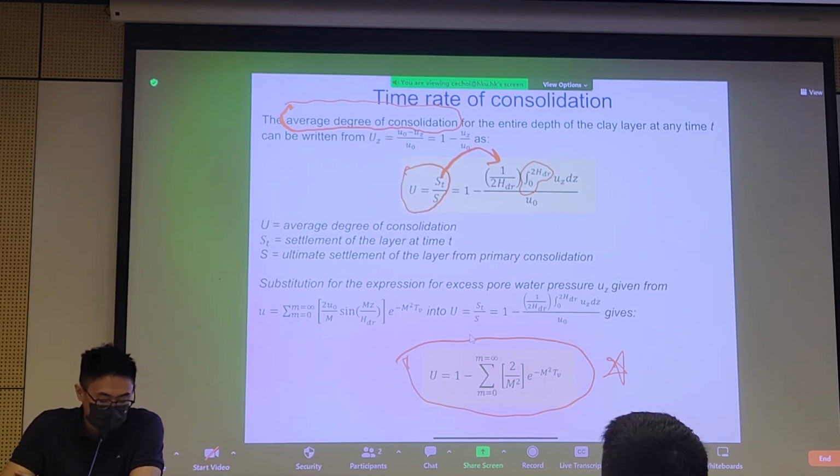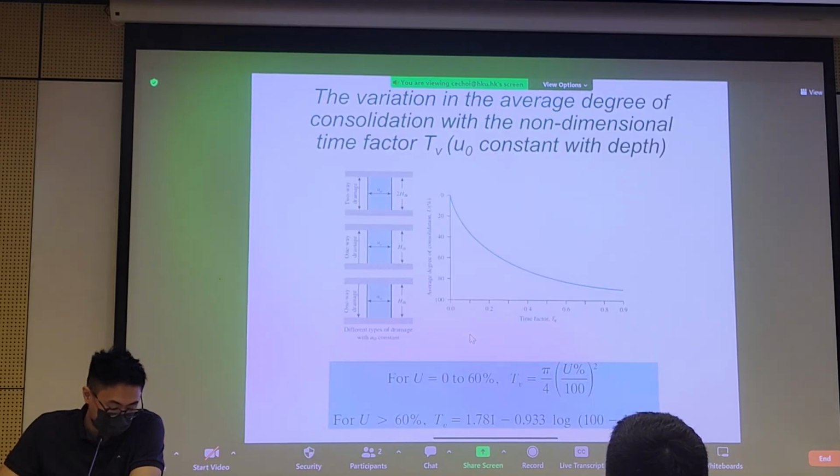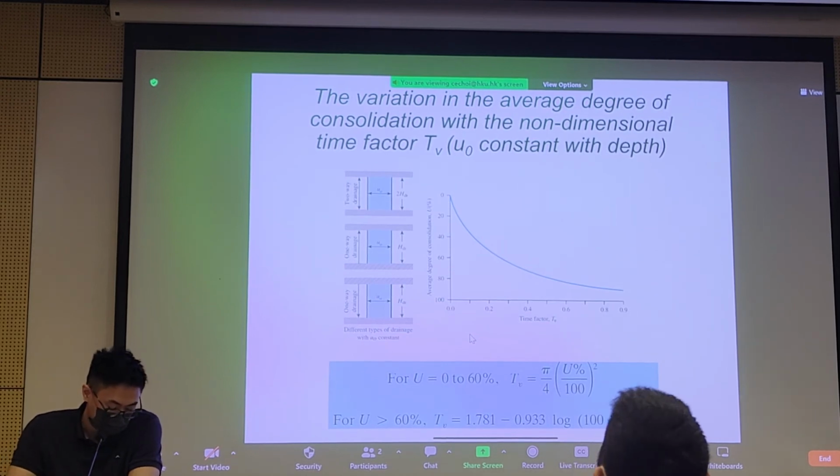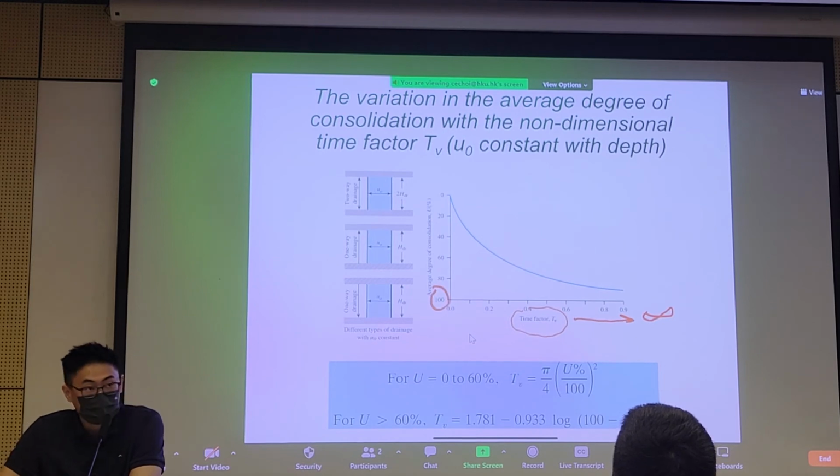So what are these design charts? Well, we can actually describe the variation in average degree of consolidation using time factor and degree of consolidation. So you know that with some time factor towards infinity, that you'll reach a degree of consolidation of 1 or 100, right?